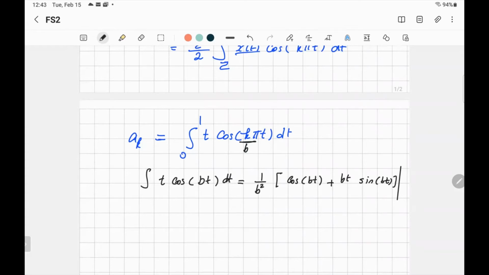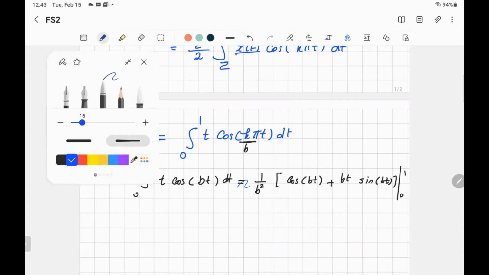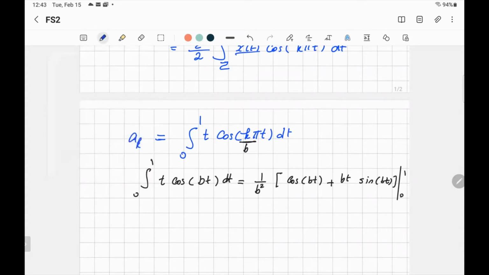Now I want to adapt it. I'm going to use b, and b is now equal to k pi. I will continue with this formula, integrating from 0 to 1. So let's substitute for t: t equal 1 at the upper limit, and t equal 0 at the lower limit.